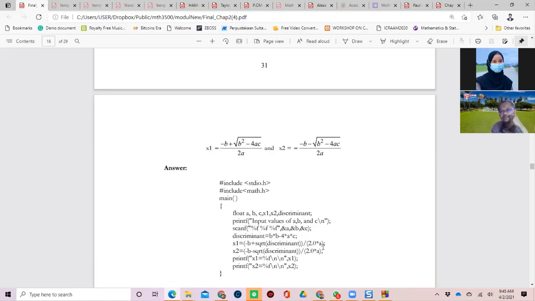So without the bracket, it is divided by 2 only, not divided by 2A. This is important, so remember the bracket.